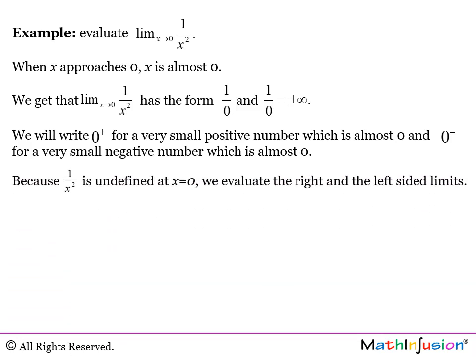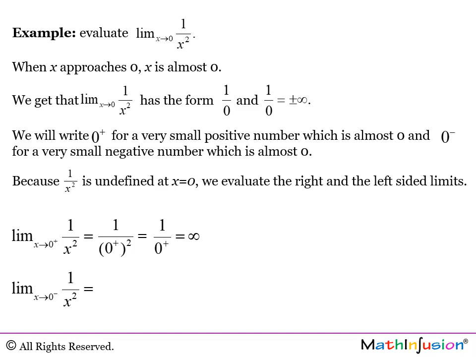Because 1 over x to the power of 2 is undefined at x equals 0, we evaluate the right and the left-sided limits. The right limit at 0 is 1 over 0 plus to the power of 2, which means that this is 1 over a very tiny number but positive, so we get infinity. You can again think about the reciprocal of 0 to be infinity, so when you have a positive 0, you get plus infinity.